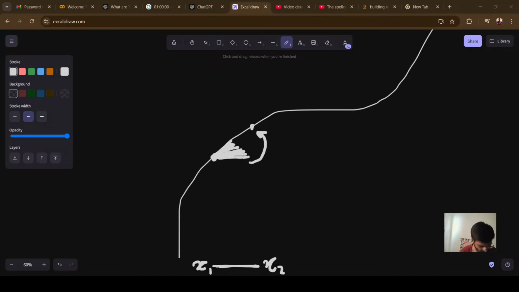So basically here we are telling by how much it is increasing or decreasing.